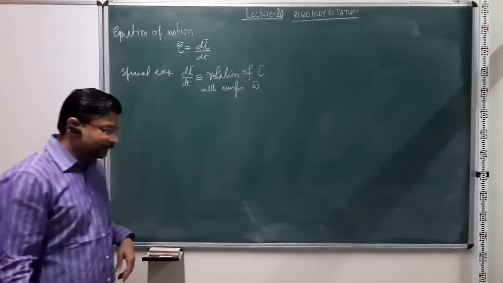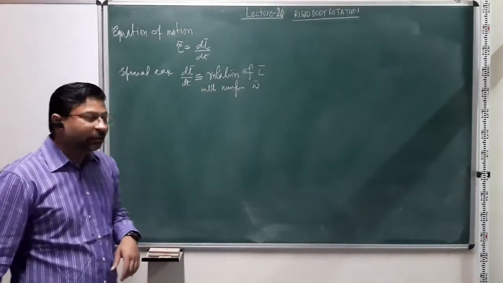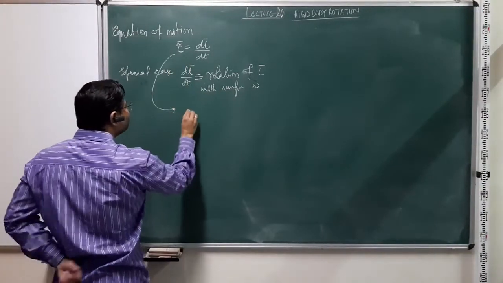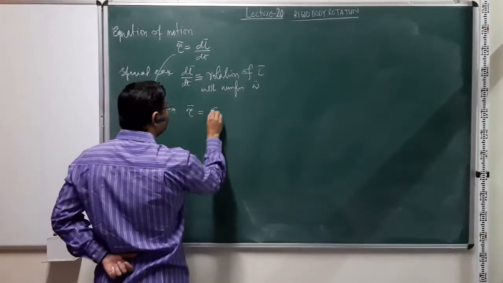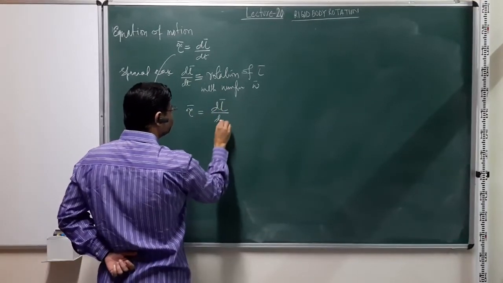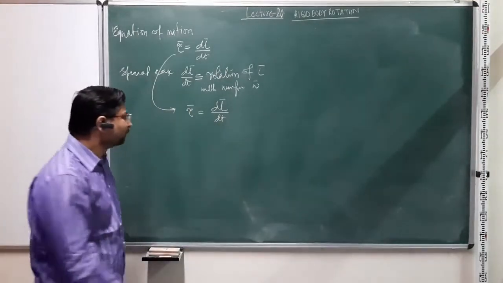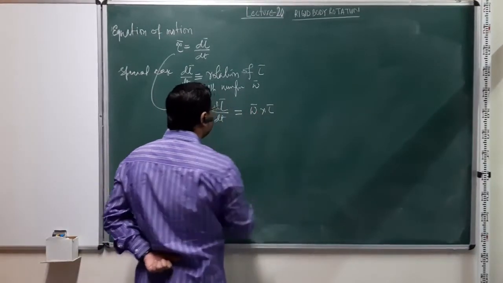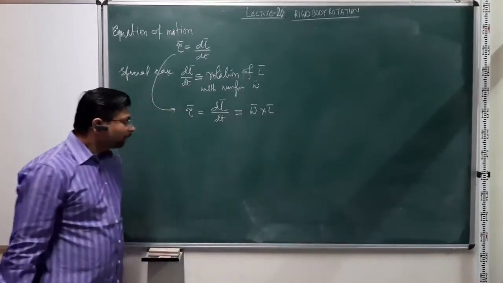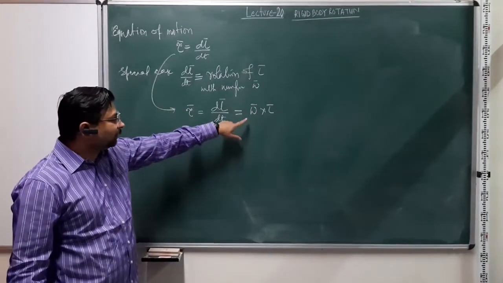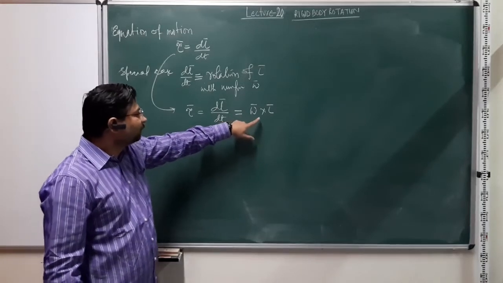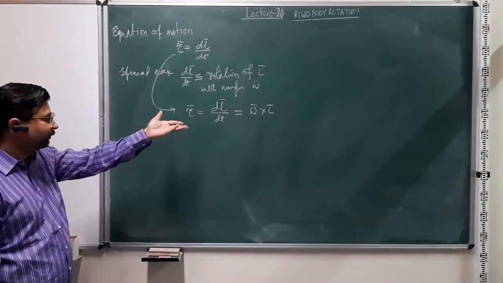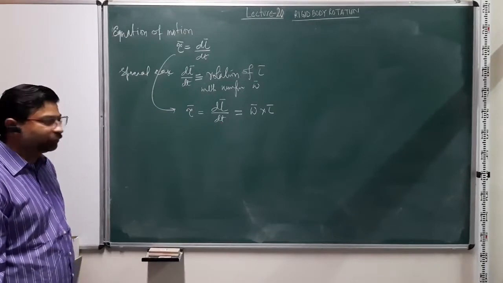So along a particular axis and with a constant angular velocity, angular speed omega, then in that special case we could write this tau, which is in general equal to dL over dt, as omega cross L, right? So this was our special treatment, and then using this relation we solved for the equation of motion, right?